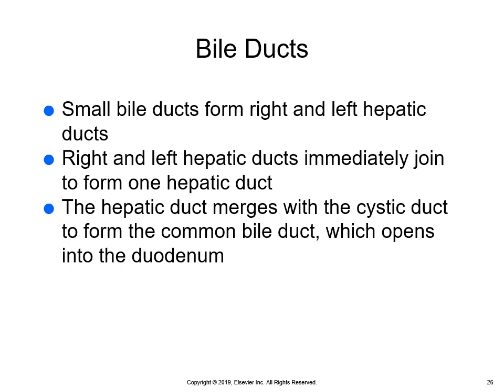The ducts then immediately join to form the common hepatic duct, which we did look at on a previous slide. The common hepatic duct merges with the cystic duct from the gallbladder to form the common bile duct. And the common bile duct is going to transport that bile into the duodenum and aid with digestion.